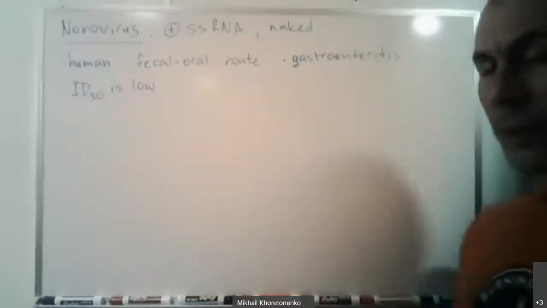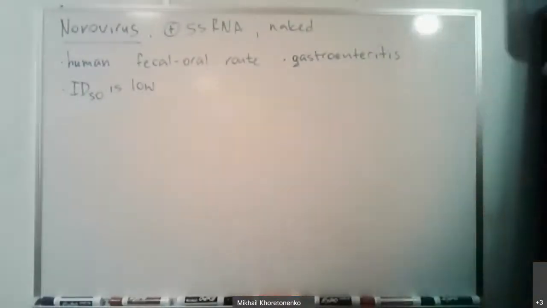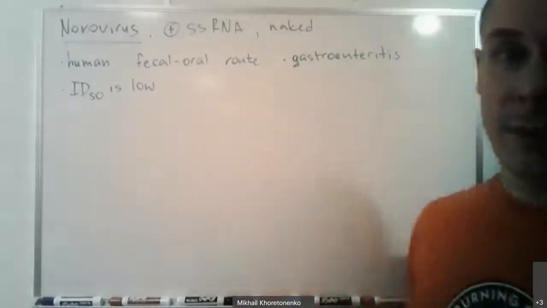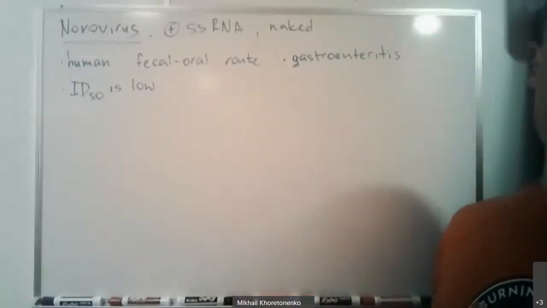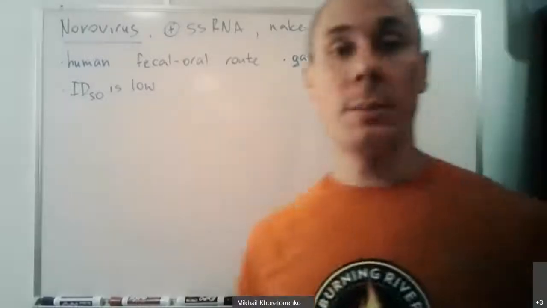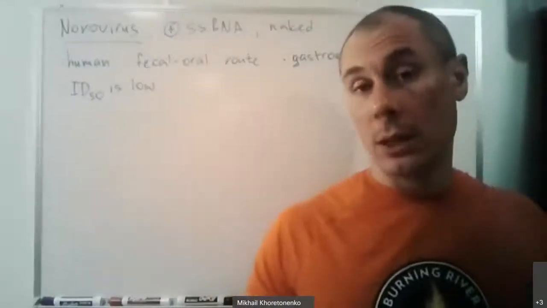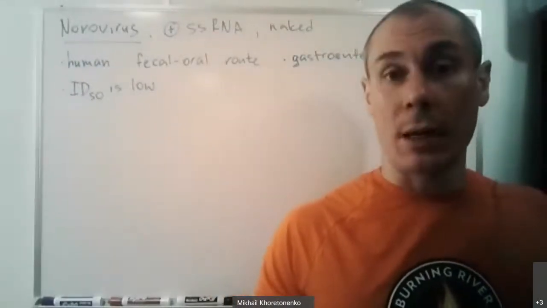The course of disease is pretty mild. Sometimes it's called the winter vomiting bug, sometimes a two-bucket disease, because patients experience diarrhea and vomiting. It lasts for about 24 to 48 hours.